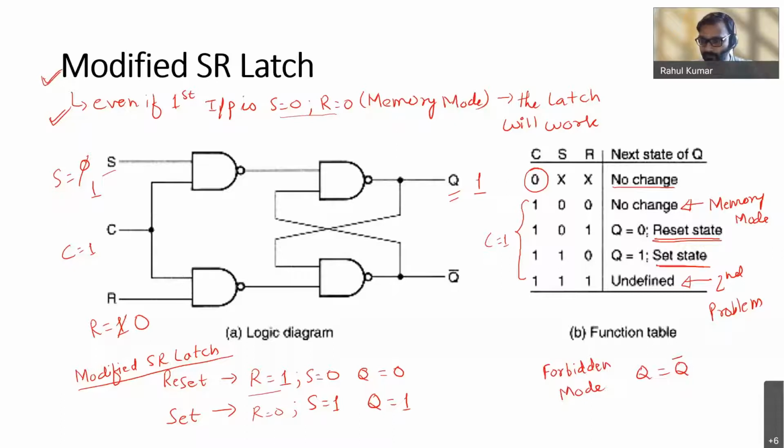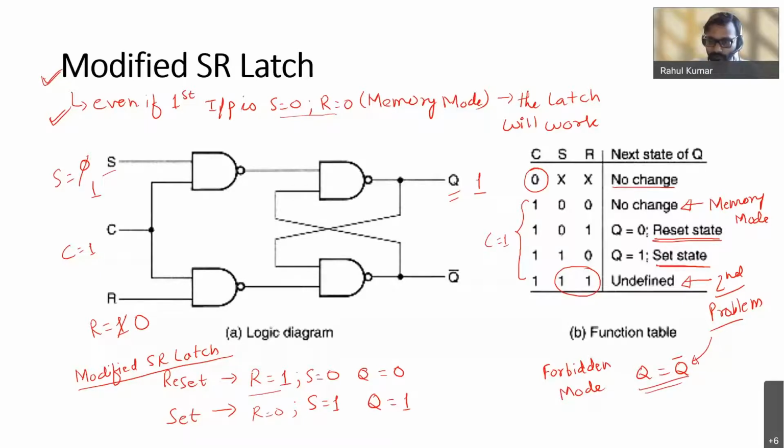So this second problem is still there. You still cannot use both S equals to 1 and R equals to 1, because in that case both the outputs will come out to be equal, right? So still the second problem is there.